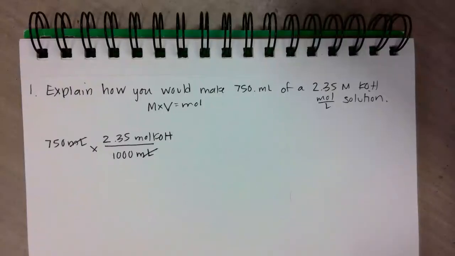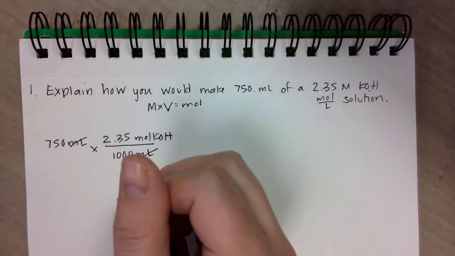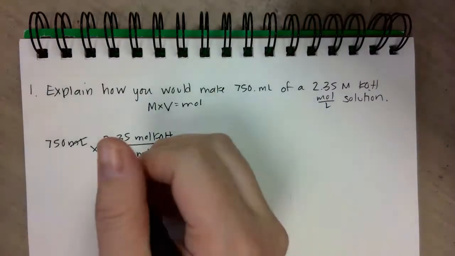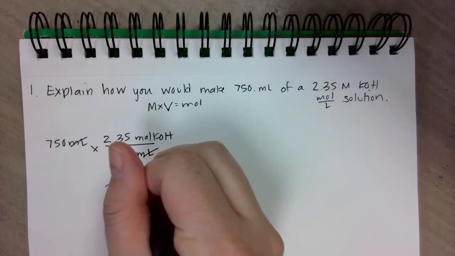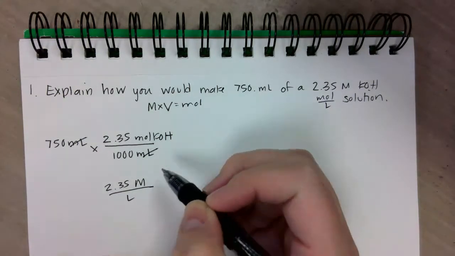Now, a couple things that I see people screwing up with this. We're not even done with the problem, but things I see people messing up is that they put the unit 2.35 M per liter like that. That's wrong. Units are incorrect because this is moles per liter, okay?